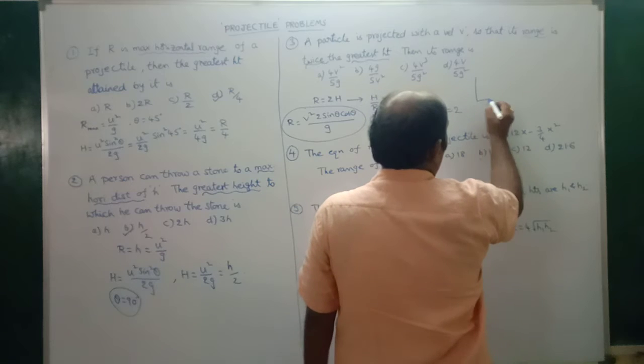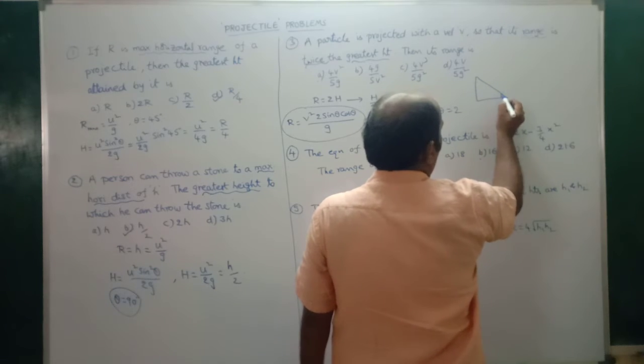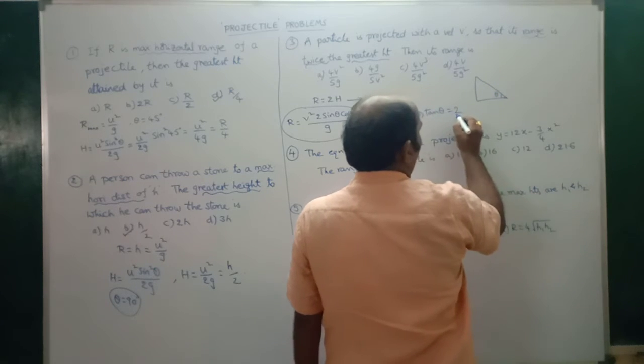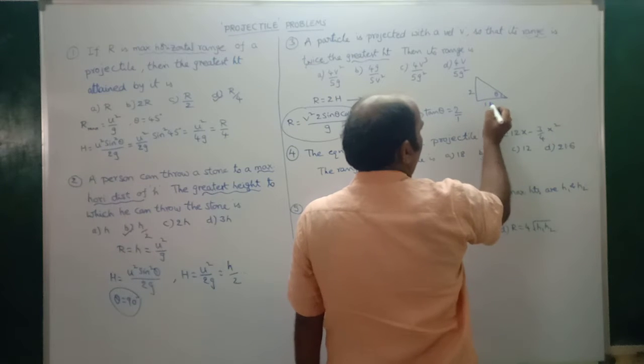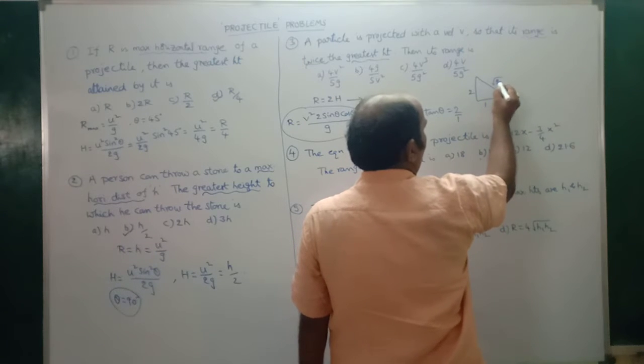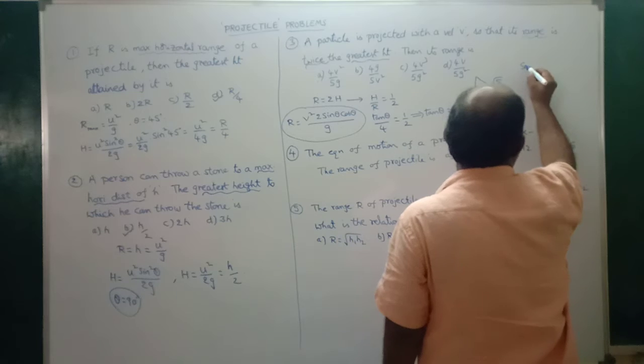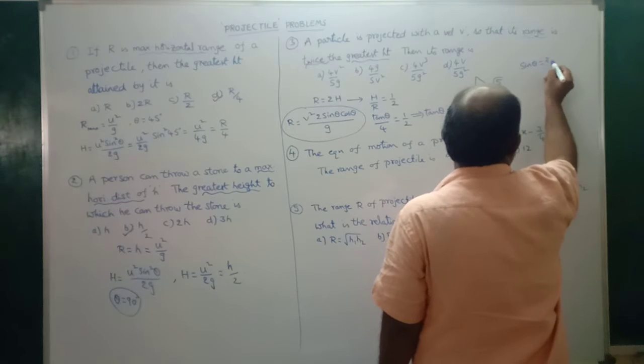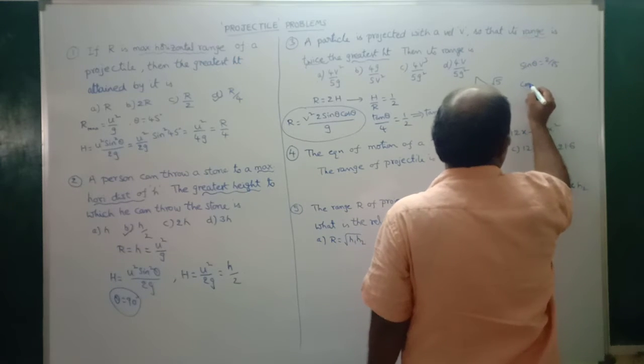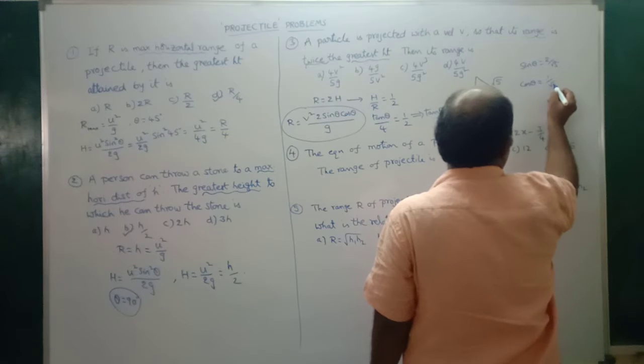From a right angle triangle, tan theta is 2 by 1. Here the hypotenuse is root 5. Now sin theta value is 2 by root 5 and cos theta value is 1 by root 5.